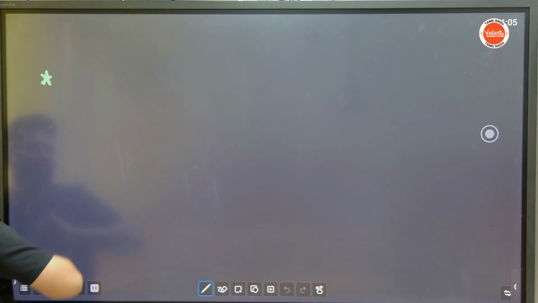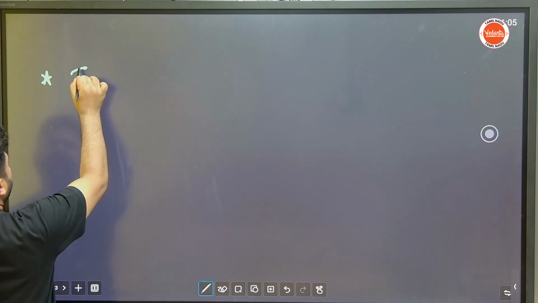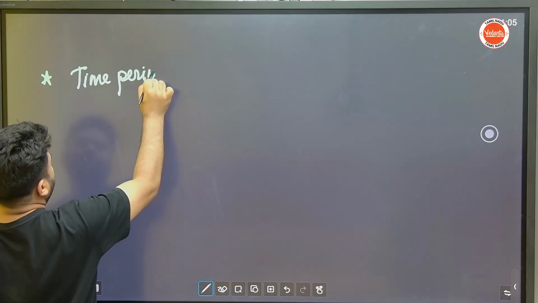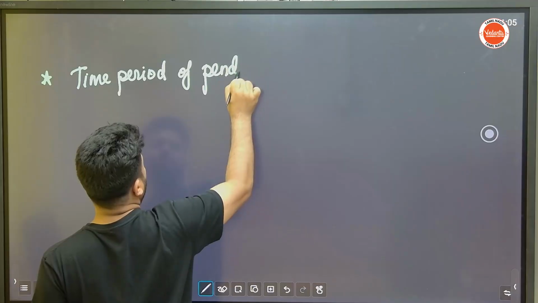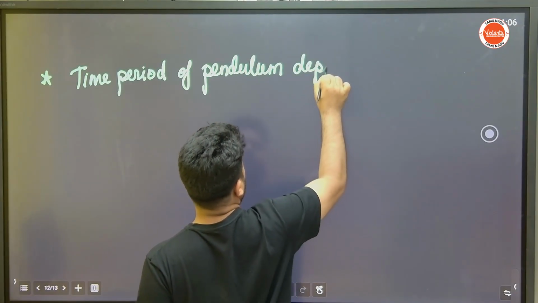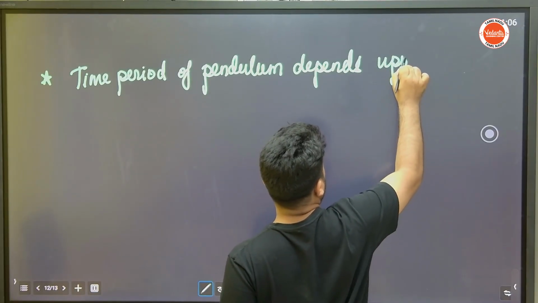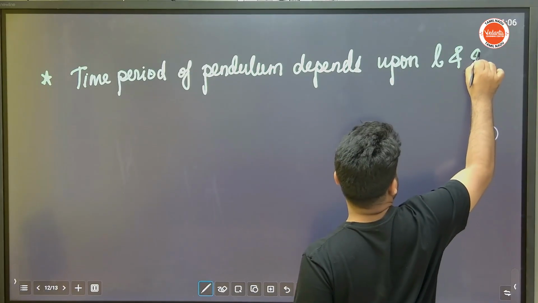Next type of question what they give, that they say that time period of pendulum depends upon its length and acceleration due to gravity.